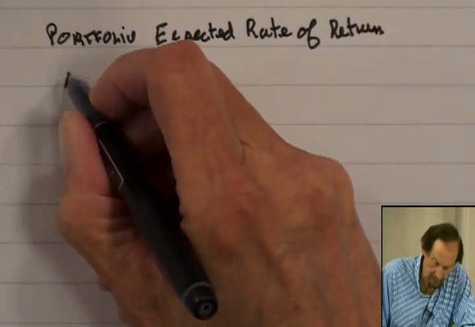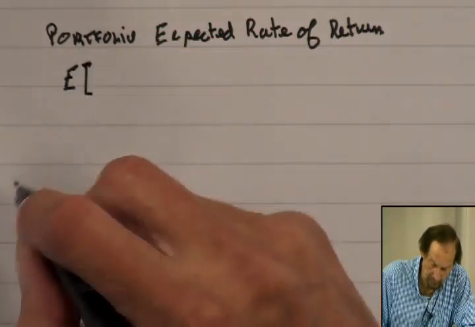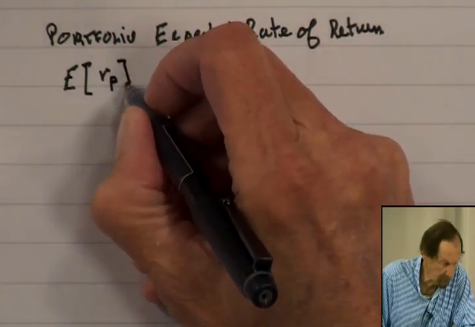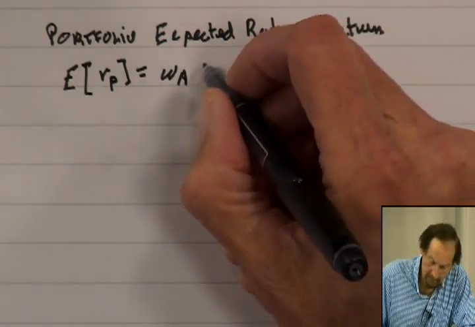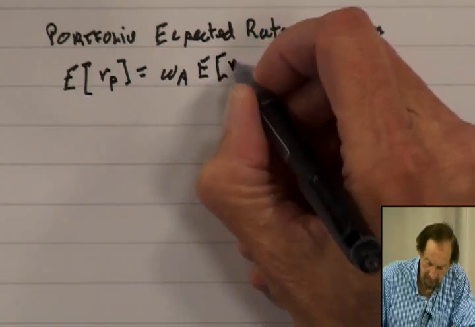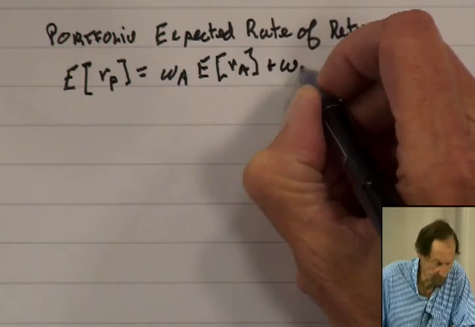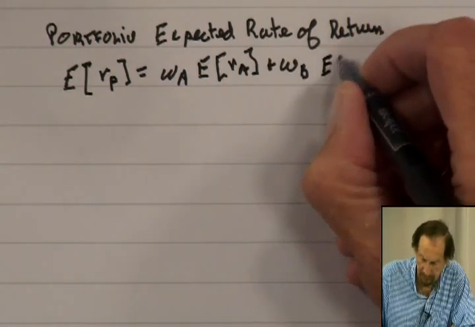The expected value of the portfolio rate of return, RP, equals WA times the expected value of RA plus WB times the expected value of RB.